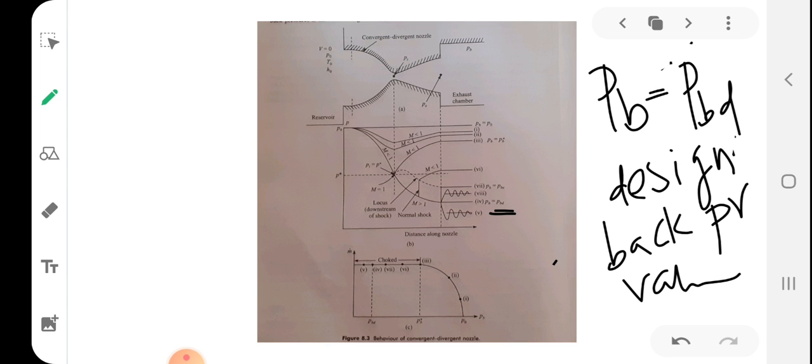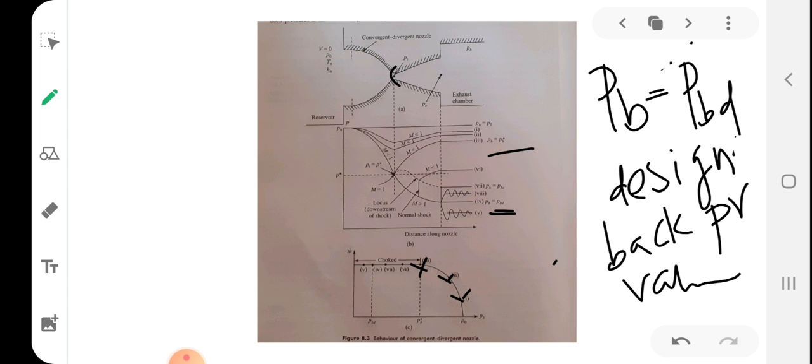I forgot to tell you about the mass flow rate. Mass flow rate increases with the decrease in back pressure up to the third case. When the third case is reached, PB equals P star, and the flow is choked. Why?